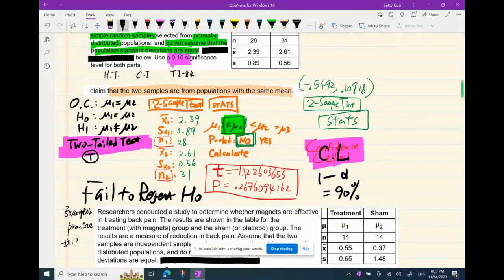And also, let's look at the confidence interval. Does the confidence interval include a zero? Yes, zero is in it, right? That means there's a chance that the null is correct. Based on our sample, the null is correct.